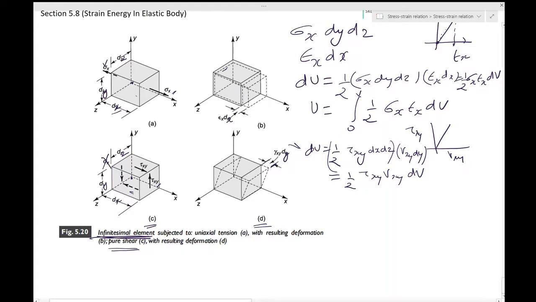Now if all of them are acting, how do you find the strain energy for that small element? That is what we want to address now. So we now consider the general state of stress.